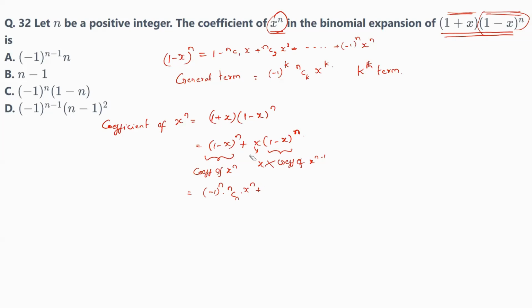So x has 1 as its coefficient. So we can put 1 times (-1)^(n-1) nC(n-1) x power n, or rather n minus 1 into x.